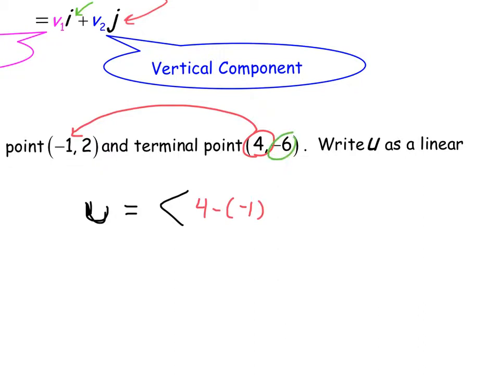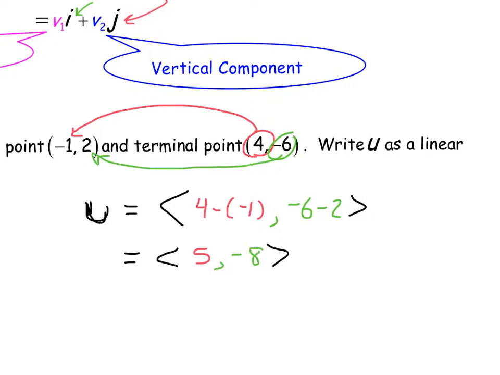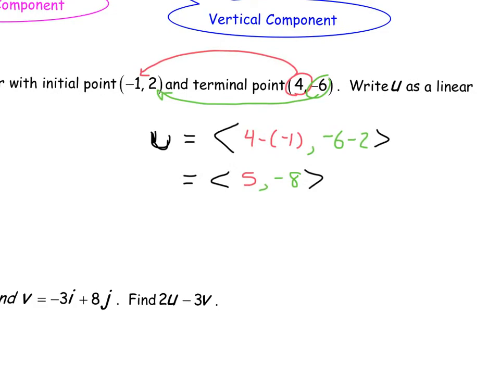And we do the exact same with the y values. -6 minus 2. That's the magnitude, right? No, we just found the component form of the vector. And so this one here becomes 5... and this one here is -8. And that is component form.